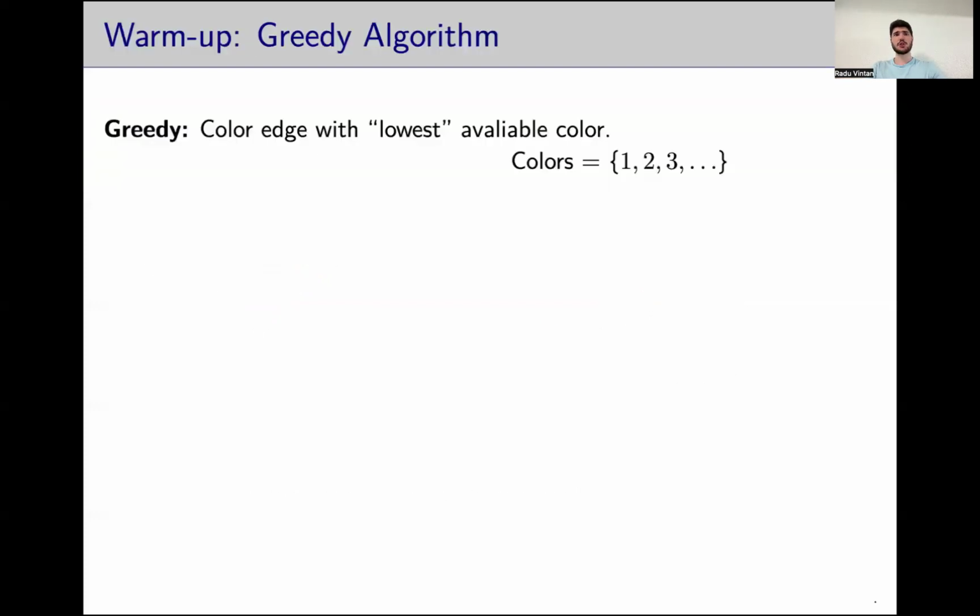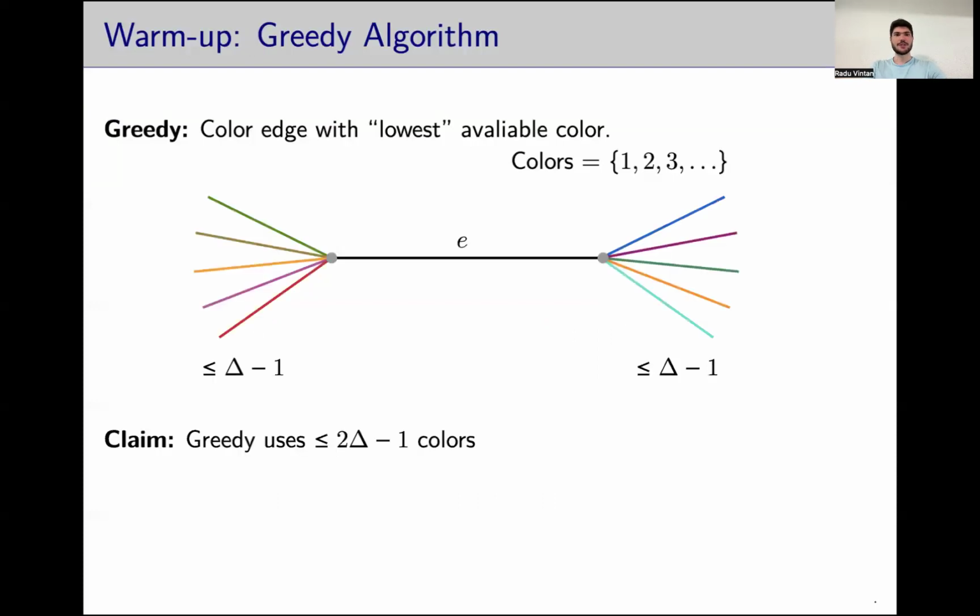Let me show a warm-up algorithm here, which is a greedy algorithm. So greedy just uses some available color if such a color is available. So let's say that you get an edge e. The vertices that e connects both have at most delta minus 1 other incident edges, because delta is the maximum degree in the graph.